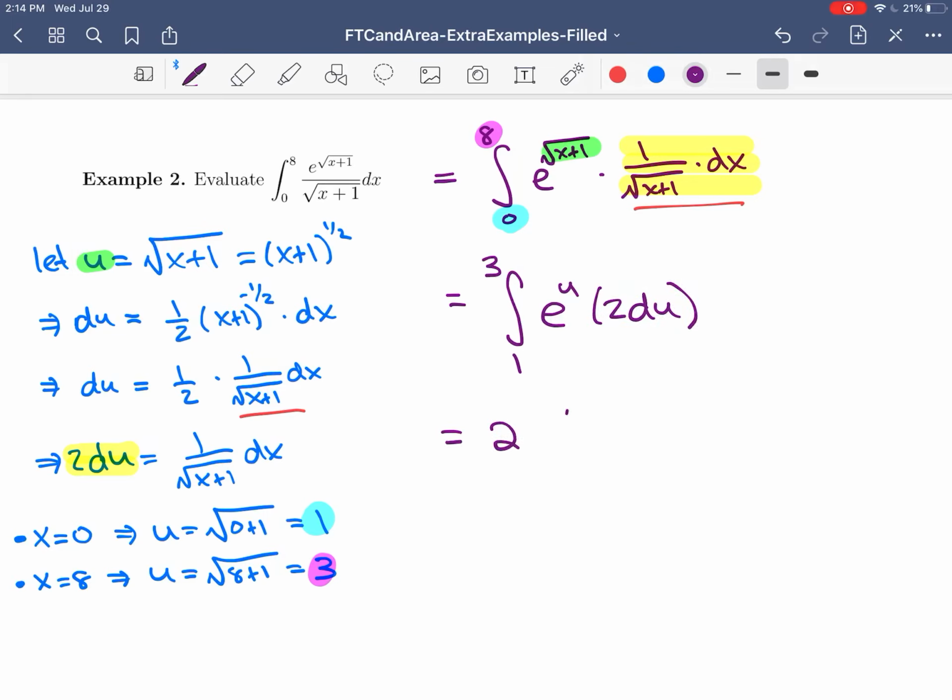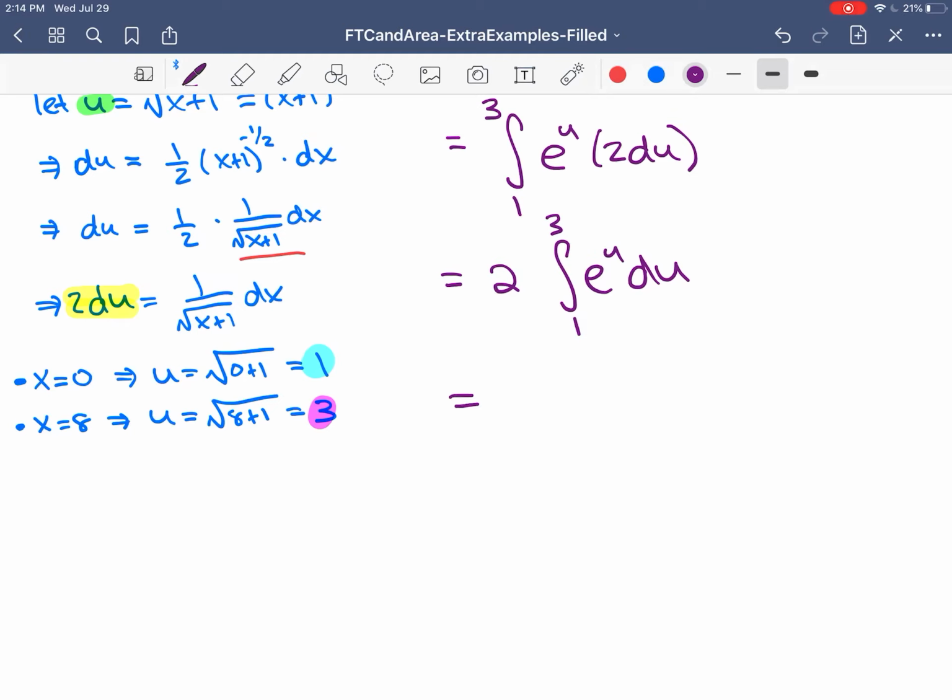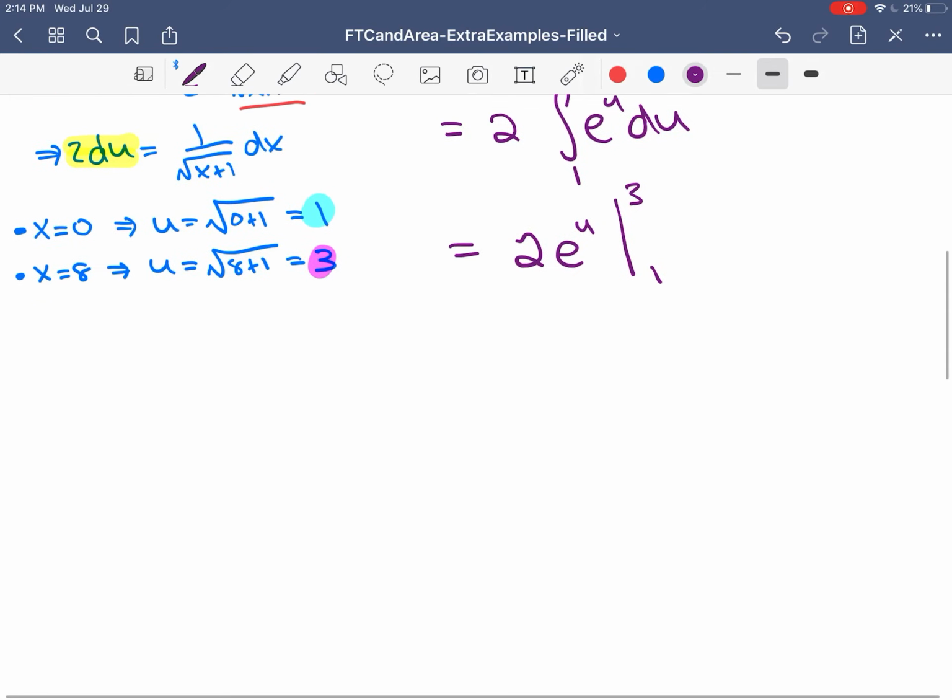I can pull the 2 out because it's a constant. And I know that e to the u is its own derivative and antiderivative. So this is 2 e to the u evaluated from 1 to 3. So it's going to be 2 e to the 3 minus 2 e to the 1.